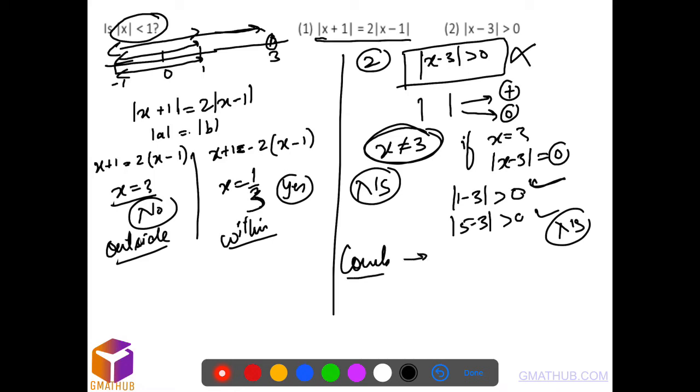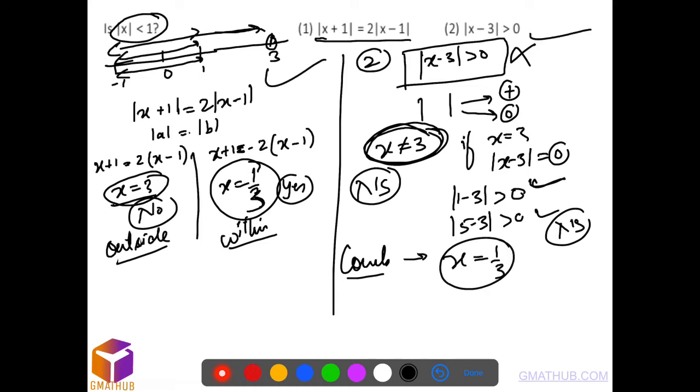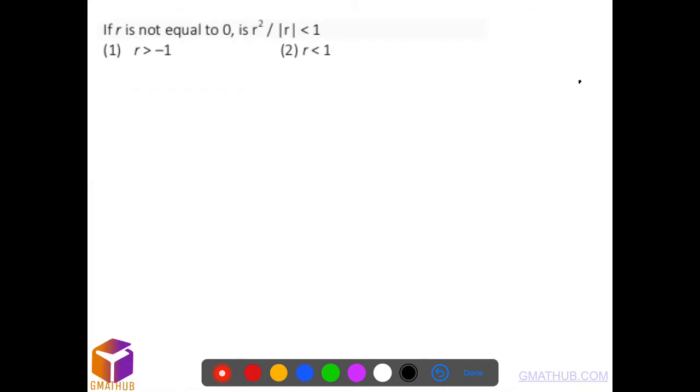If we combine the two, first statement says x could be 3 or 1 by 3. Second statement says x is not 3. Now only one value of x, which is 1 by 3, will satisfy both. So this is sufficient. If you remember, r square can be written as mod of r into mod of r.